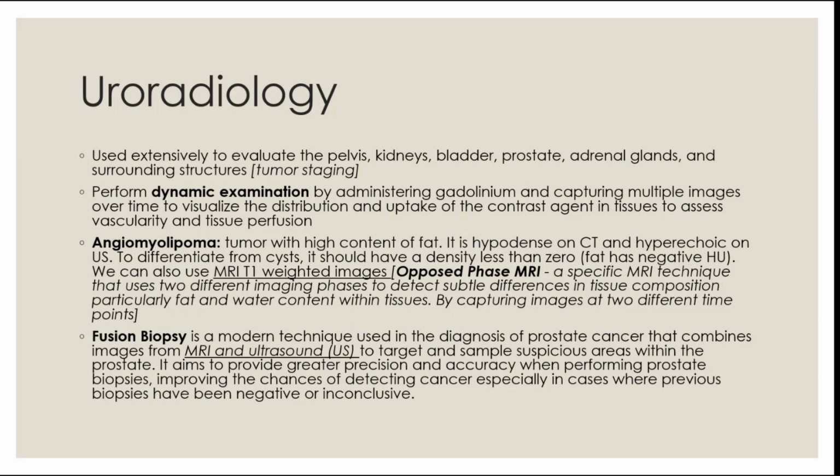It's a specific MRI technique where you find the differences in tissue composition. If it is muscle, if there is high water content, if it's vascular, it has vessels, or it has fat content, you can distinguish between these, and it's mainly used for angiomyolipoma.